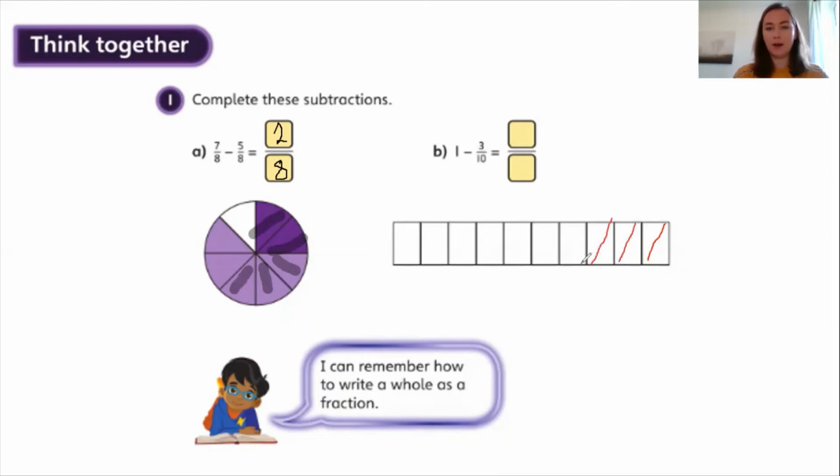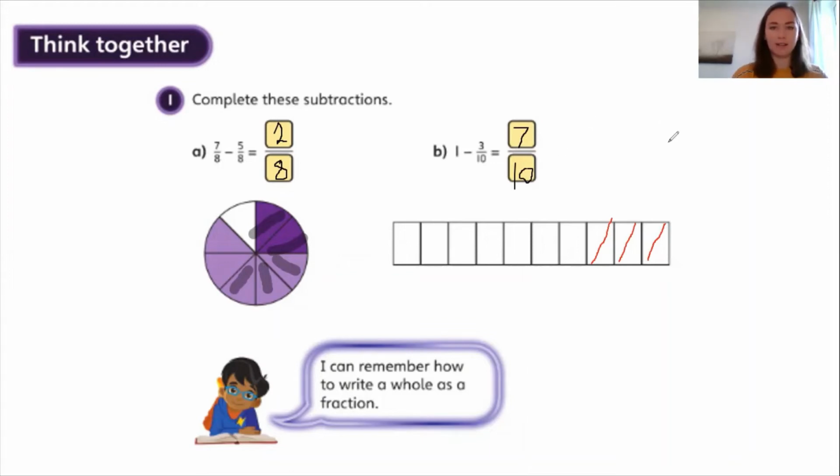We've got this many parts left. 1, 2, 3, 4, 5, 6, 7. So we have got 7 tenths left, because there are 7 out of 10 parts that have not been crossed off.